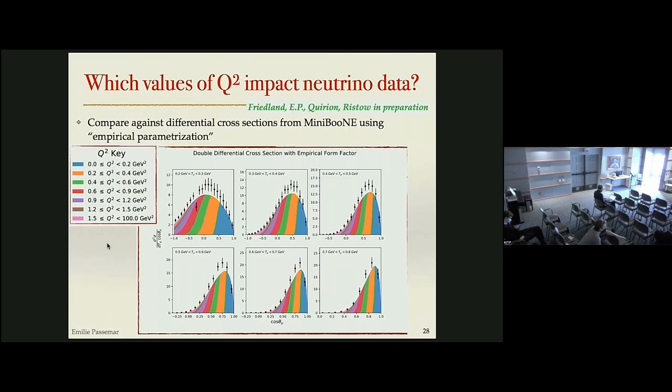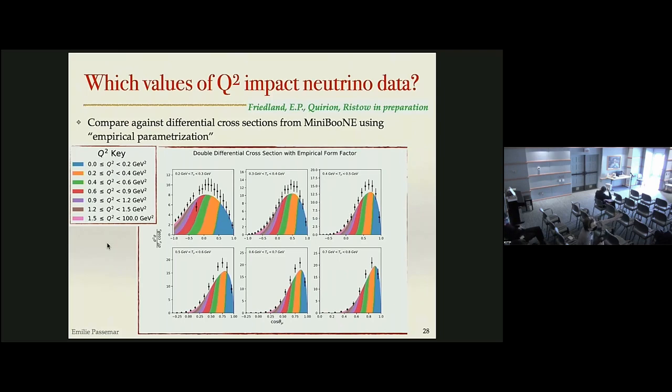For CC0pi, Minerva has cuts on the recoil energy, but that is very difficult to map to any underlying true variables. It's sort of the only handle they have. So they cut away some portion of what we would call 2p2h, if it exists with the strength that is claimed. Let's drop that for a second, but they cut away something that might be relevant.